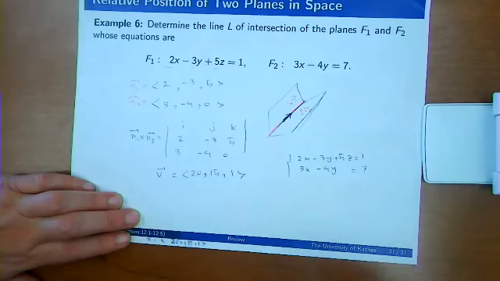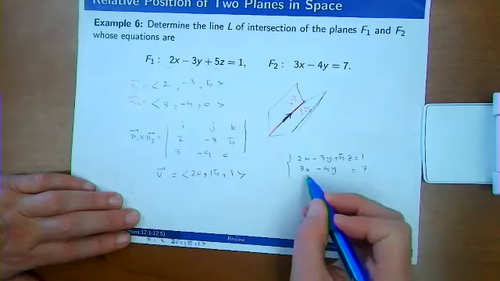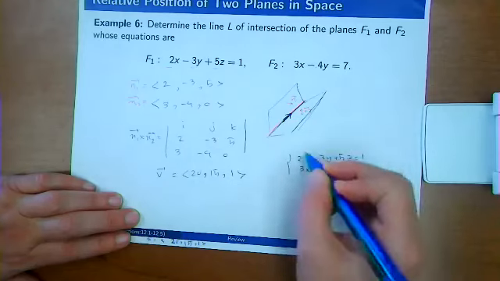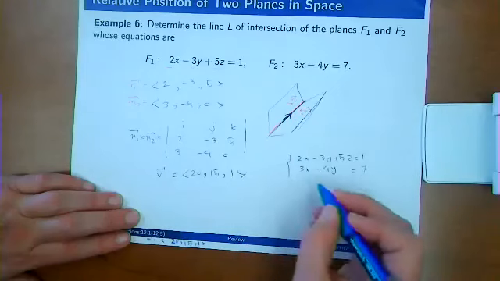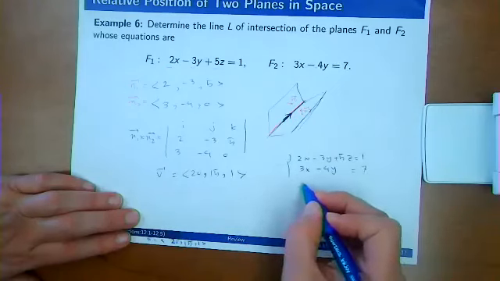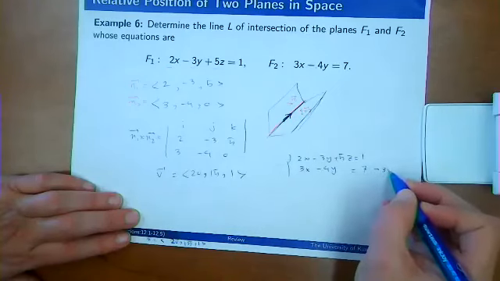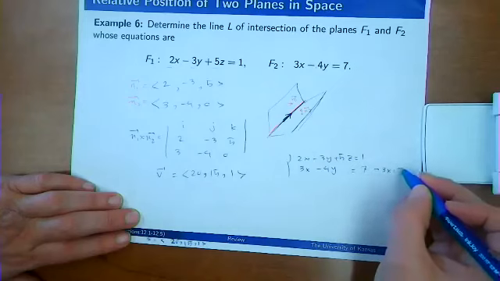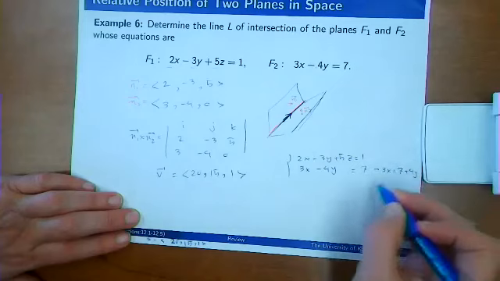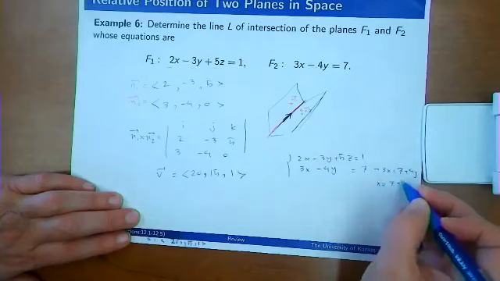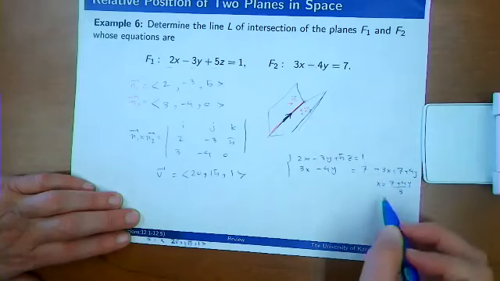And what I can do is basically solve for x in here and then plug it back in there. So solving for x in here gives me 3x equal to 7 plus 4y. X is 7 plus 4y divided by 3.